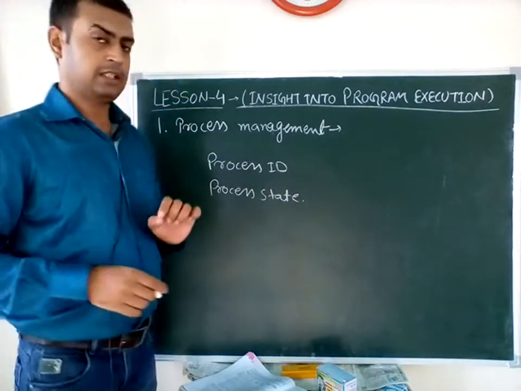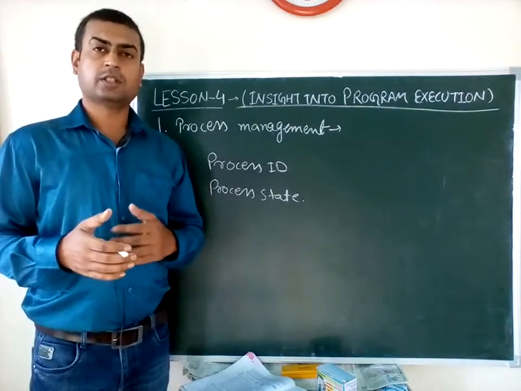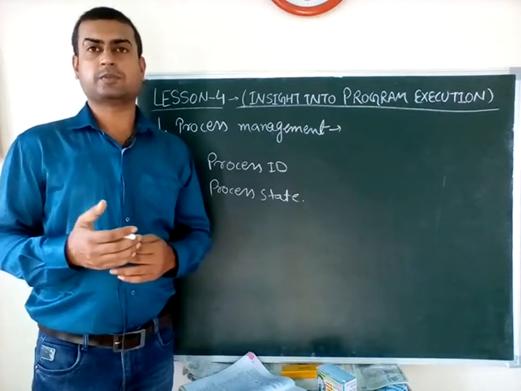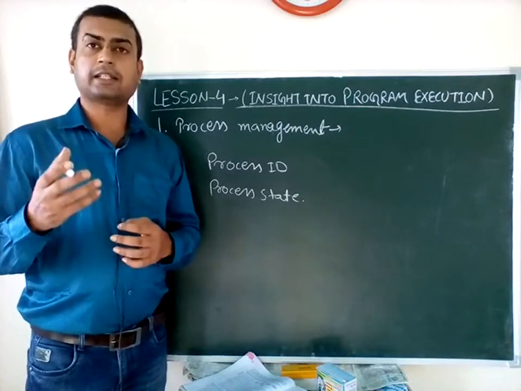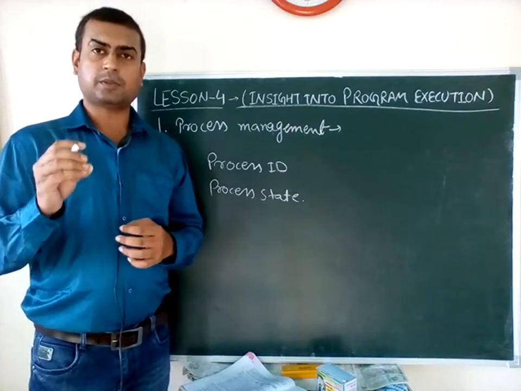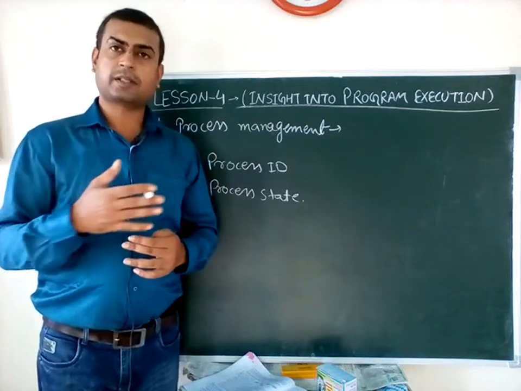Then after, process state. Process state means whether it is waiting, running, terminated or what. So the operating system must know everything, so that it can identify the processor's idle time. Means if 1000 programs are there, they have to be in line and come one by one.